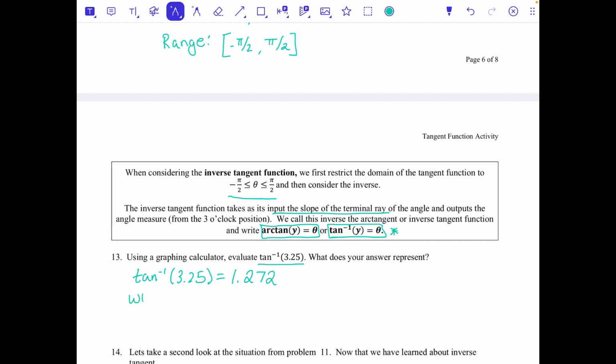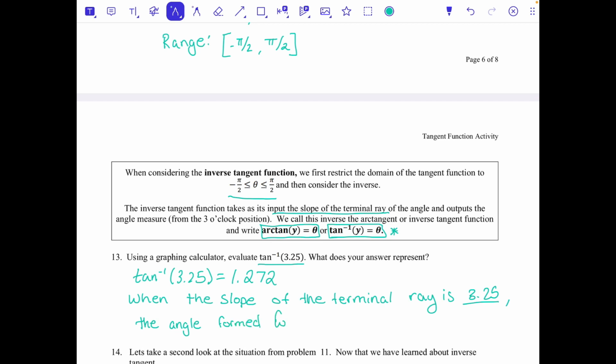So when the slope of the terminal ray is 3.25, the angle formed from the 3 o'clock position measures 1.272 radians.